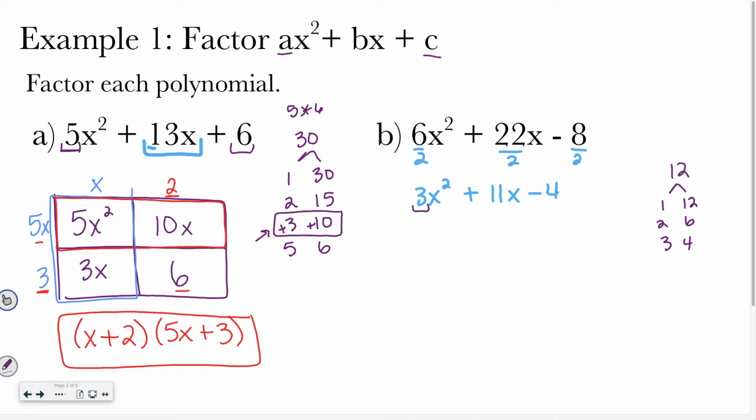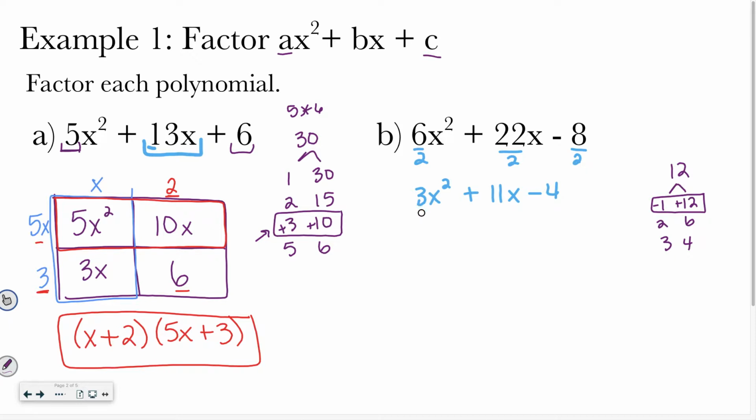So when I'm adding a positive and negative number together, they have to equal 11. The only two numbers that are going to give me that are 1 and 12. And if I need a positive 11, that means that I need a positive 12 and I'd have to just subtract 1 in order to get to that 11.